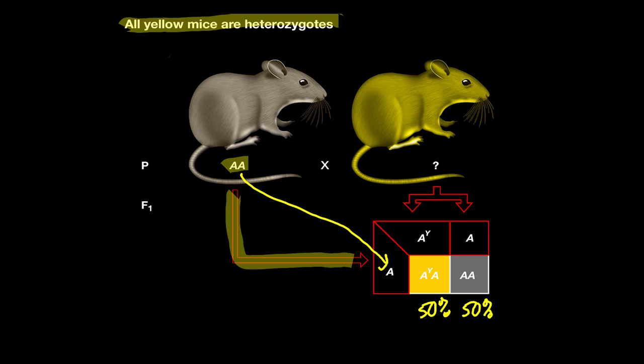So what that means is the other parent would have to be contributing the big AY half of the time and big A the other half of the time. So every yellow mouse that was in existence, when they crossed it like this, they always got the 50-50 ratio, which implies strongly that the yellow mouse is in fact heterozygous for this AY mutation and the regular agouti allele.